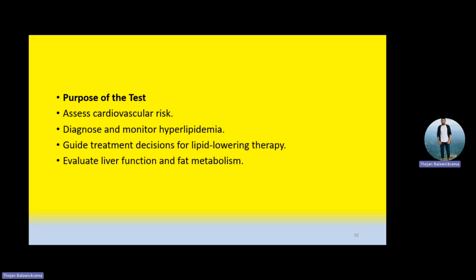Well, speaking of the cholesterol test, what is the importance of that test? Cardiovascular risk. What is cardiovascular risk? When it comes to blood vessels and arteries, consider the inner radius. If cholesterol gets deposited, the inner radius decreases.